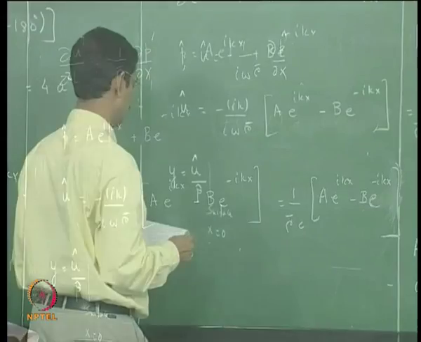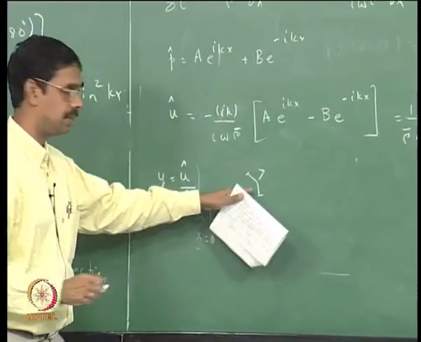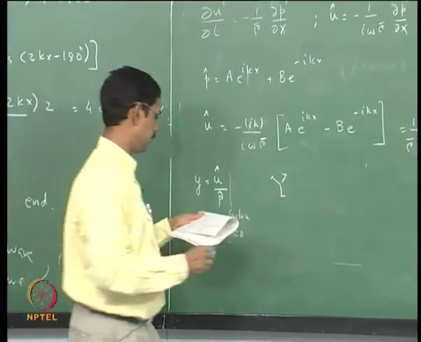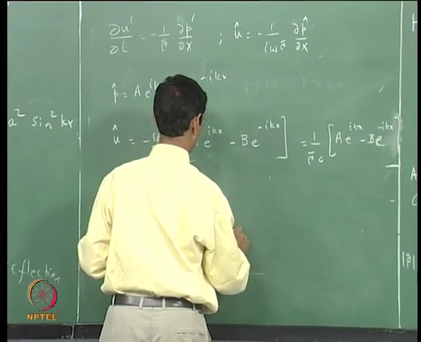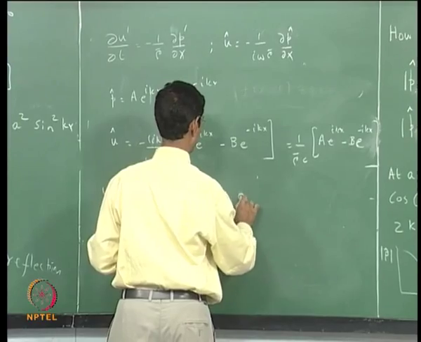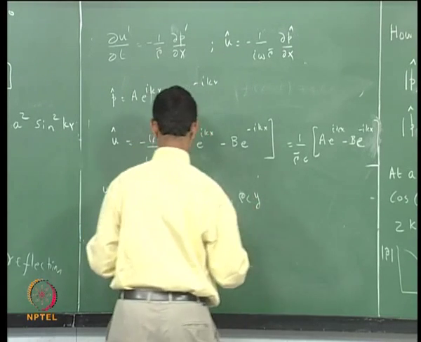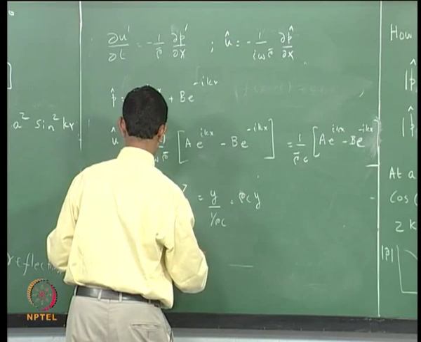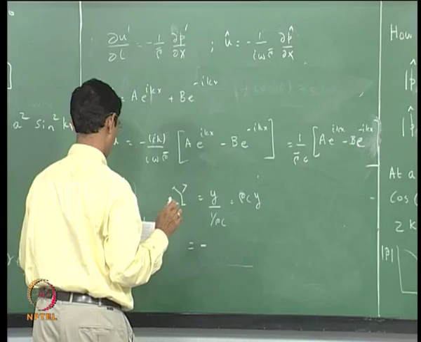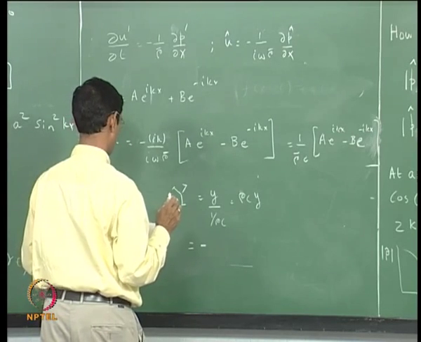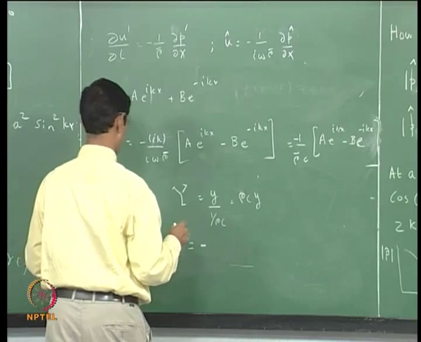I have chosen my coordinate system that way, and I also have the non-dimensional admittance, script y or capital Y, as y divided by 1 over rho c, or rho c times y. So this would be equal to, I think I missed a sign, I should have a minus here, thank you.